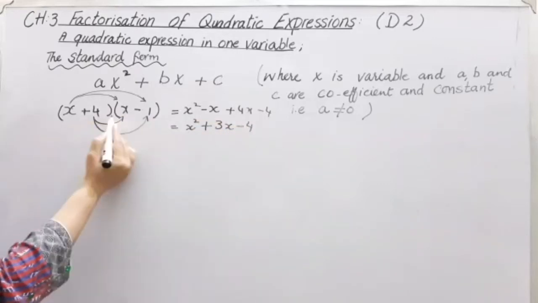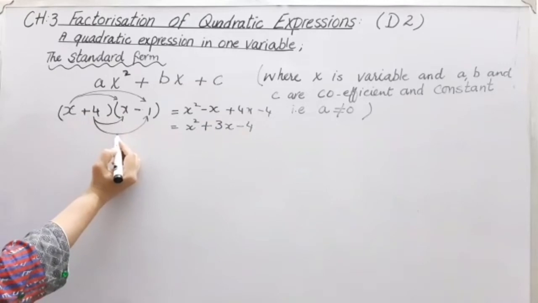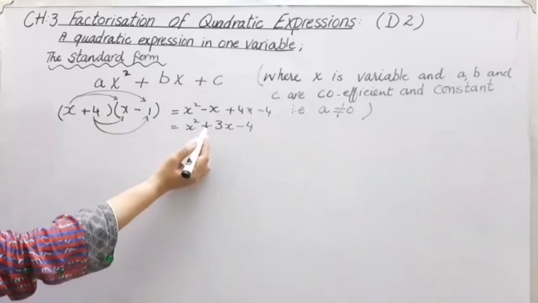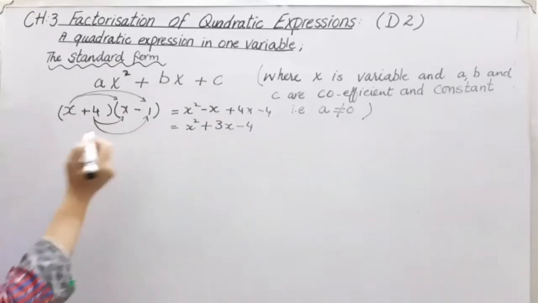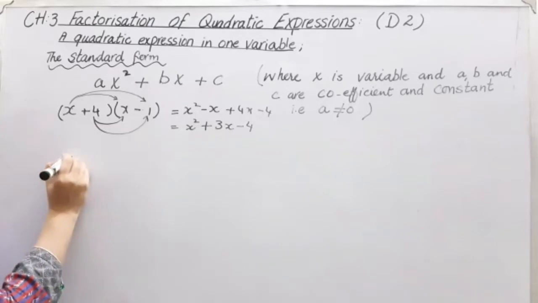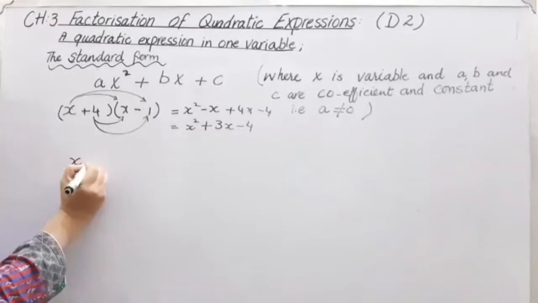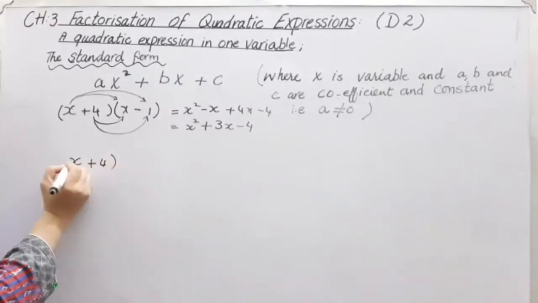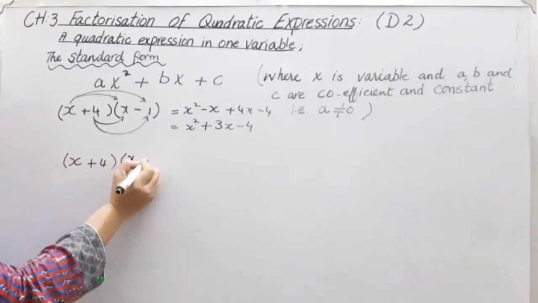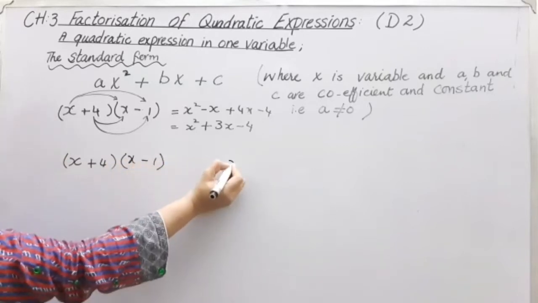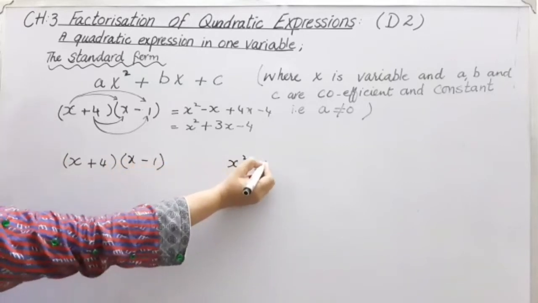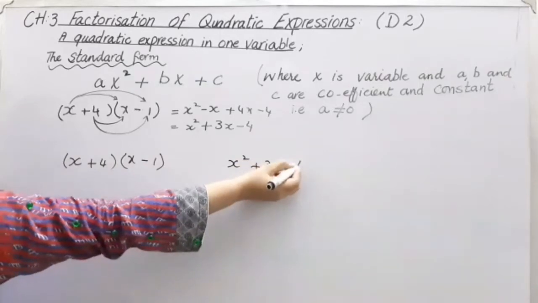We expand our factors and get the equation, and now we can say x plus 4 and x minus 1 give x square plus 3x minus 4.